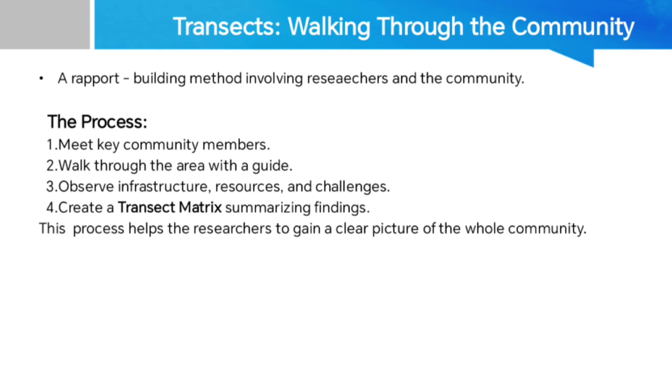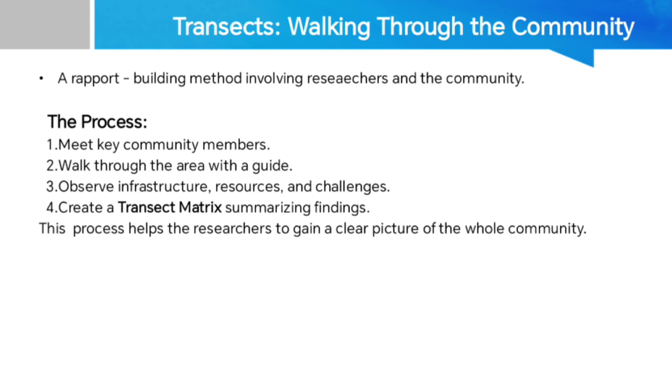First, we talk about transit walk, which means observing the community firsthand. It is a rapport building process that involves the researcher and the community. Imagine walking through a village with the local people as guides. What do you think? What did you observe? You observed the roads, the water resources, maybe the houses and the markets.